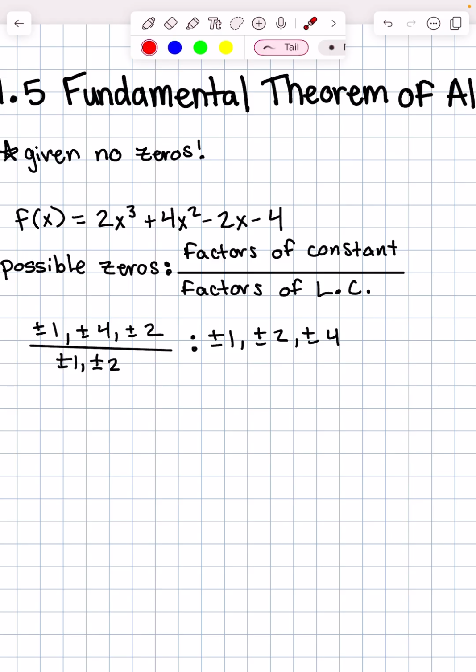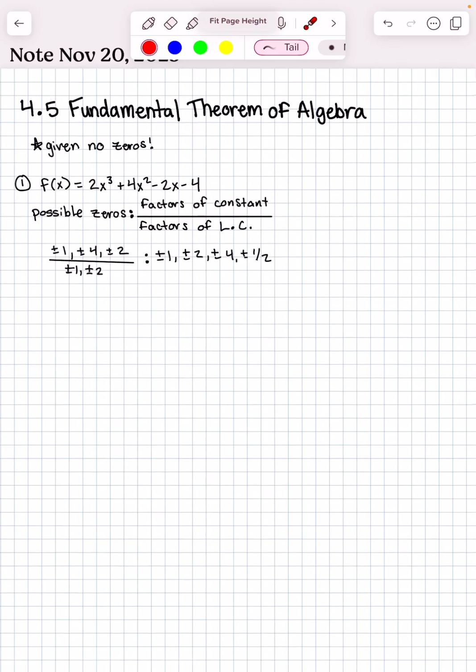Because I would be doing 1 divided by 1, 4 divided by 1, 2 divided by 1, and then I would do 1 divided by 2. So I guess we have more than I thought, because we also have plus or minus 1/2, so I missed that one. And then 4 over 2, which is just 2, we already have, and then 2 over 2, which is just 1, so we already have that. So there's our list of possible zeros.